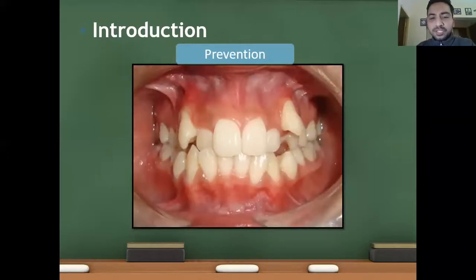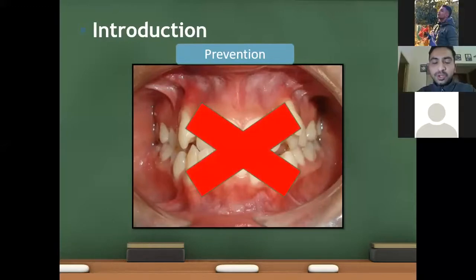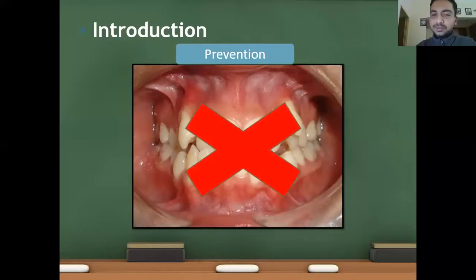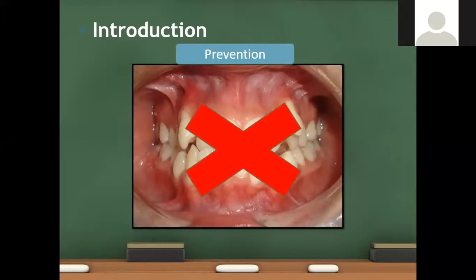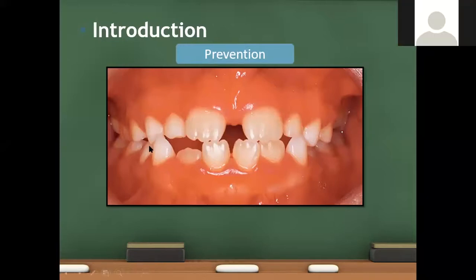So the whole objective is to prevent the malocclusion. So we are not talking about treating malocclusion, but preventing the malocclusion from occurring. So we will not see patients at an old age. We will see patients when they are very young. Probably at this stage, as you can see, teeth are still erupting.